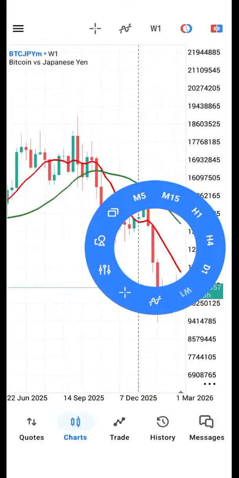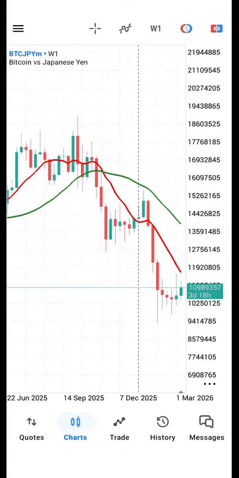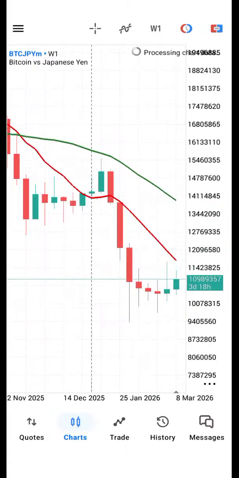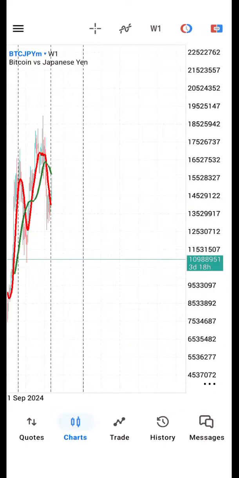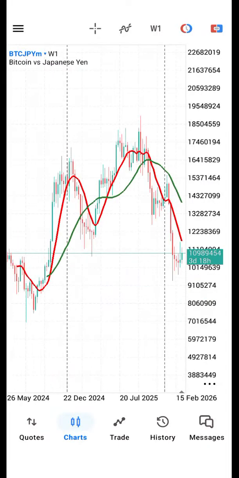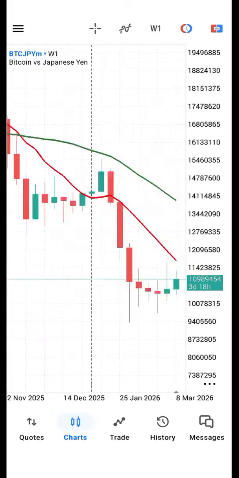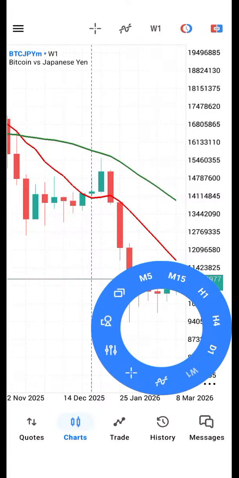So let me see what this BTC JPY is doing. On the 1 week, we're on a downtrend in this BTC JPY. Anything buy, I'm scared, but the last candle of the 1 week is moving up. So anything buy, I'm scared.